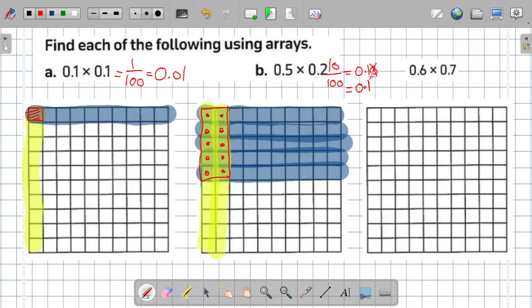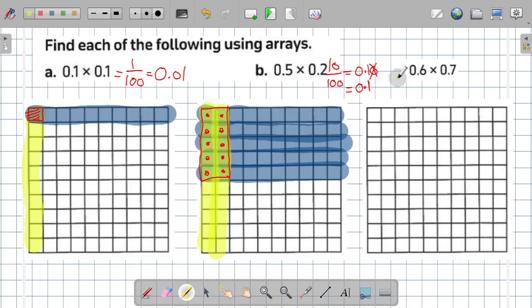I can cancel this 0, so it will be 1/10. So the multiplication result, or the product, is 0.1 or 1/10.